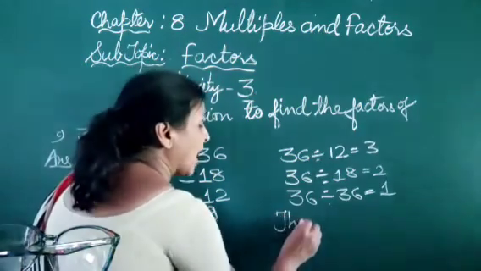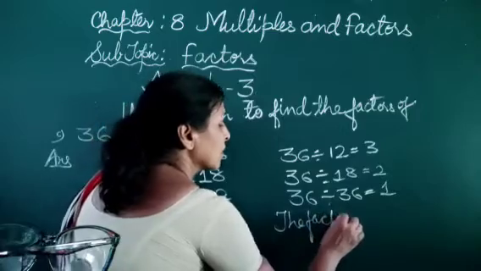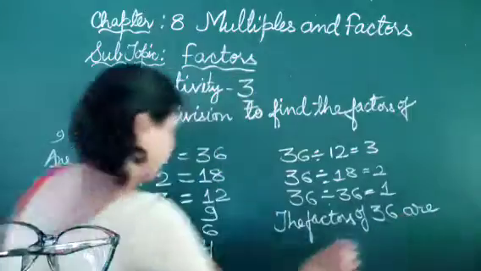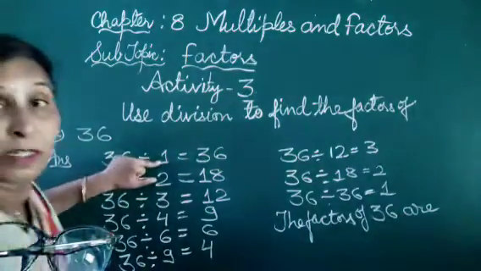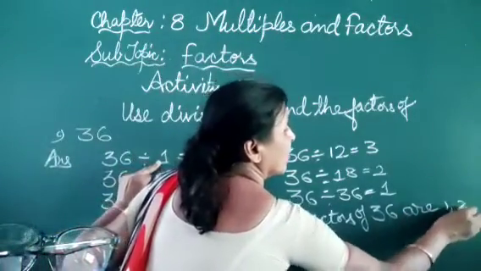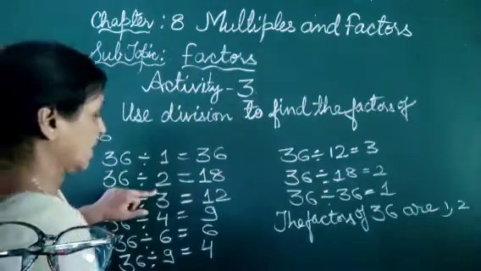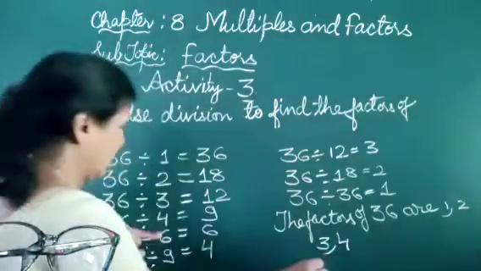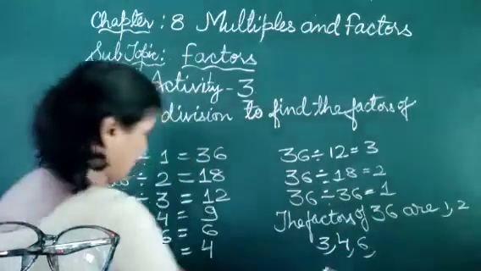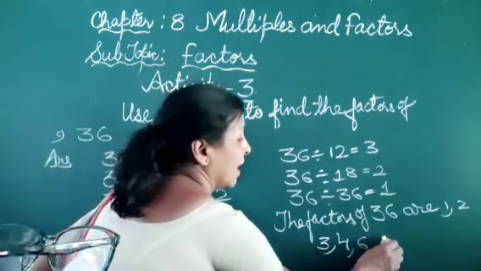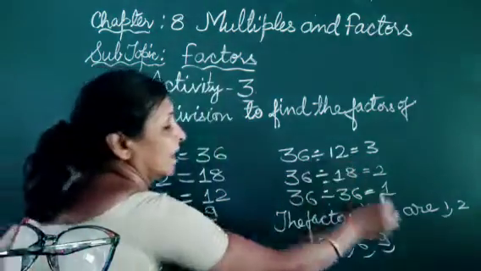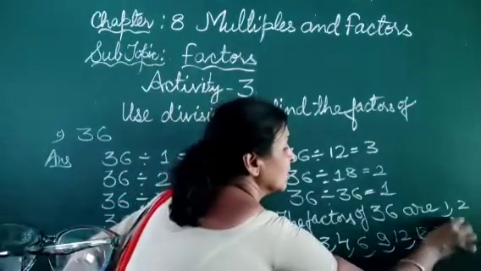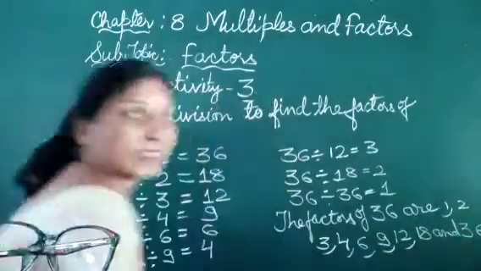We write the factors of 36 are 1, 2, 3, 4, 6, 9, 12, 18 and 36.